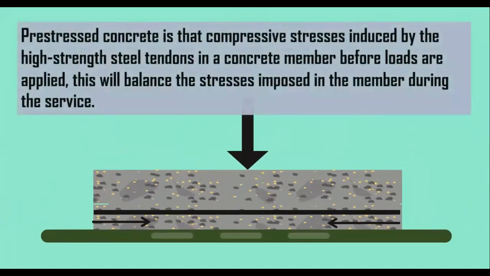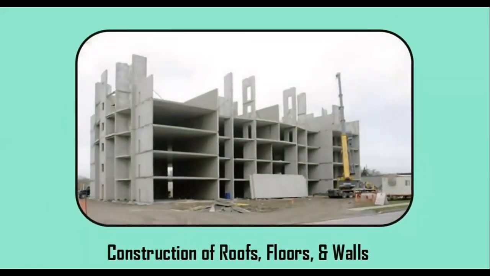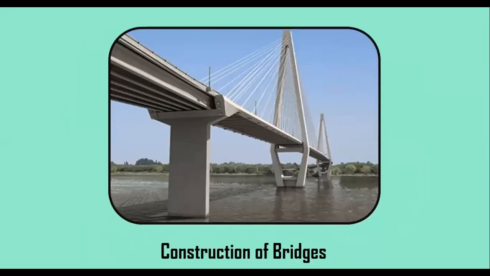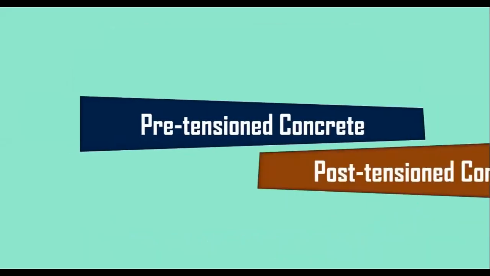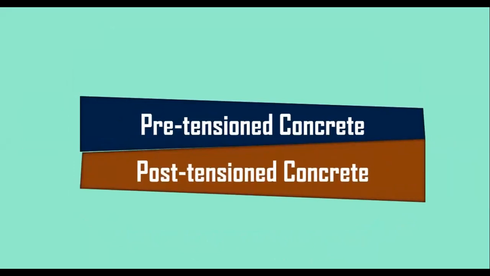The principle behind pre-stressed concrete is that compressive stresses induced by the high-strength steel tendons in a concrete member before loads are applied. This will balance the stresses imposed in the member during the service. Pre-stressed concrete can be used for the construction of roofs, floors, walls, and bridges with longer unsupported spans. Pre-stressing is generally done by 2 methods: pre-tensioned concrete and post-tensioned concrete.